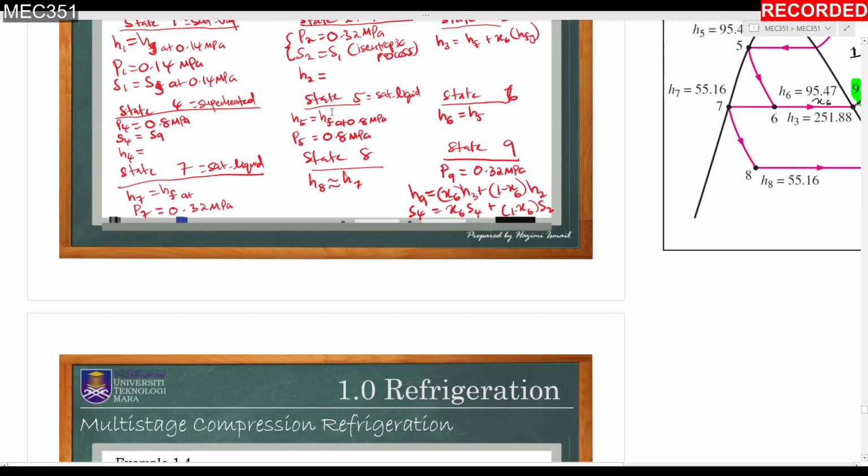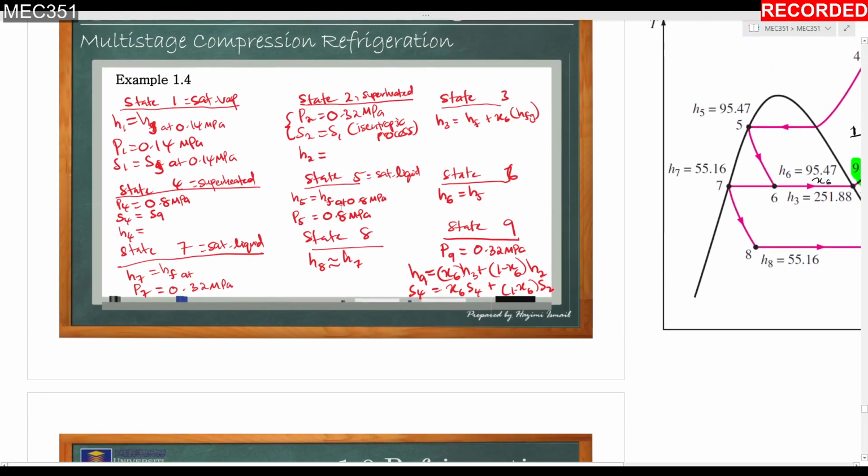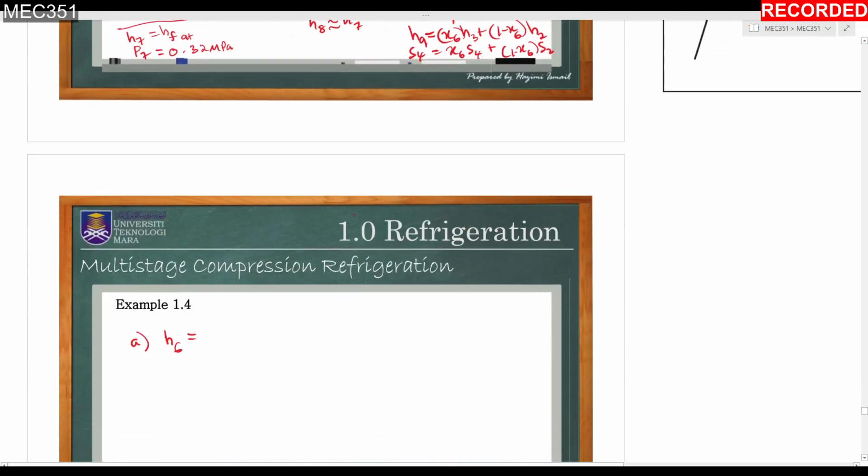Okay, H5, let's say you find using the properties table, you will get 95.47. Okay, so here is 95.47.